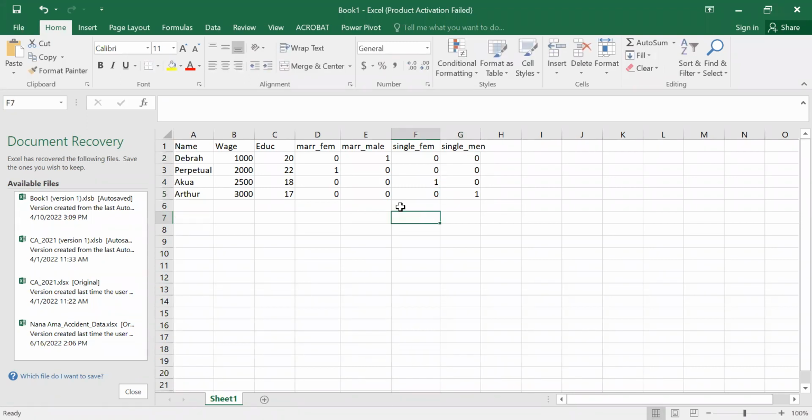So when you do that, you see that when you add across, it is equal to 1 every time. So all these 4 variables are perfectly collinear. You add them and it is equal to 1. So you have the dummy variable trap, and your model cannot be estimated.